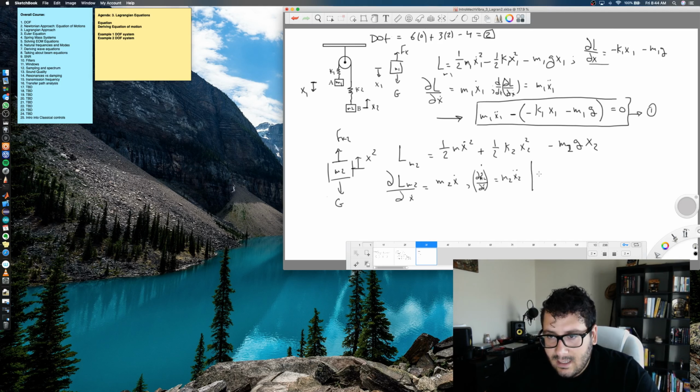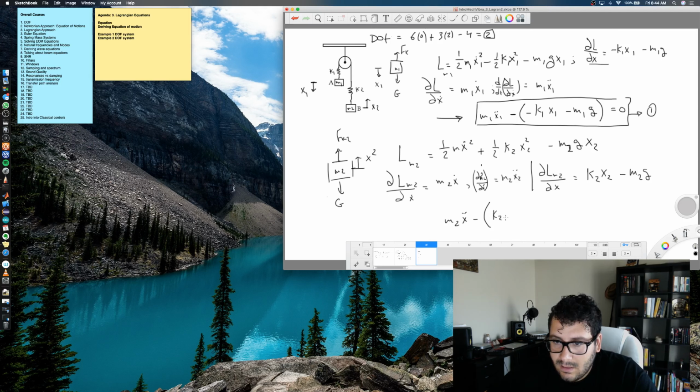And then let's take it with respect to x, it's going to give us k2 x2, minus m2 g. Now putting those together, I have m2 x double dot minus k2 x2 minus m2 g equal to 0. And that is my second equation of motion.